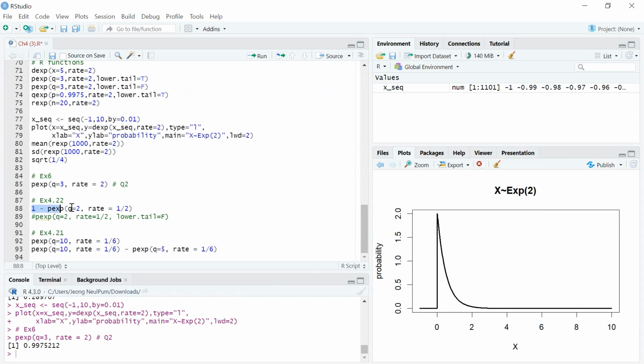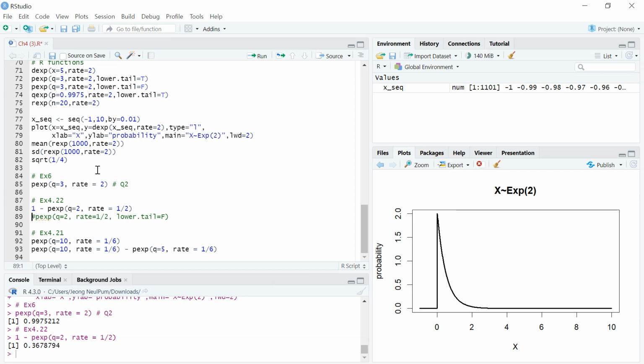So this is why I use this code for getting the answer. I subtract the result of the pexp function from 1, which gives about 0.36.